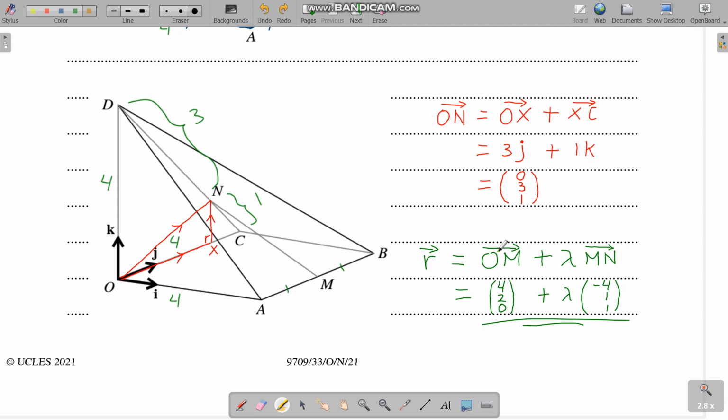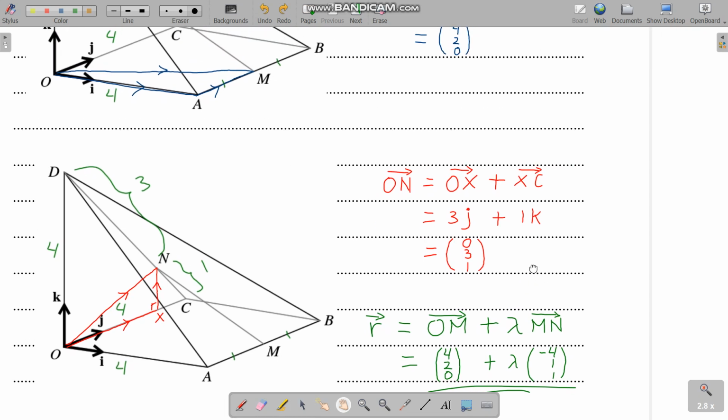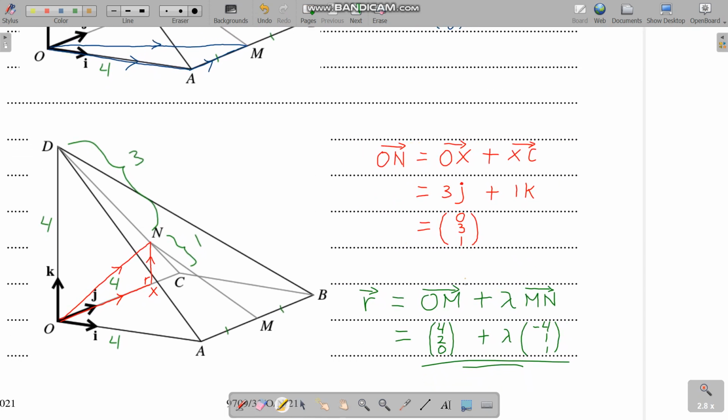Now to find the line equation, we can use the point M or N. So here we are using the point M, and for the direction we can use MN or NM.